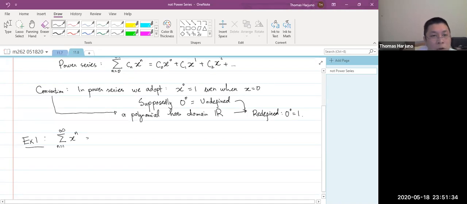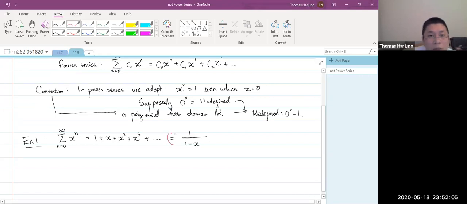Now this is, I'm sorry, from 0. So x to the 0 is 1, x to the 1 is x, plus x squared, plus x cubed, and so on. Now, we notice that this is actually also a geometric series, right? This is 1 over 1 minus x, okay?